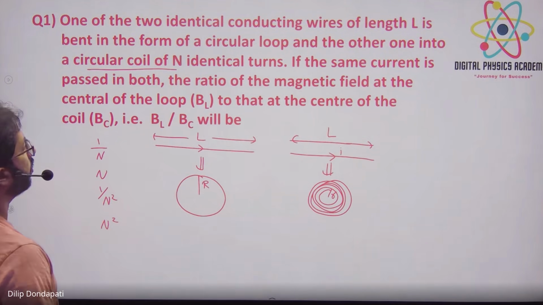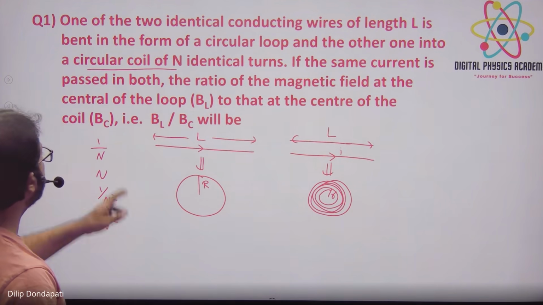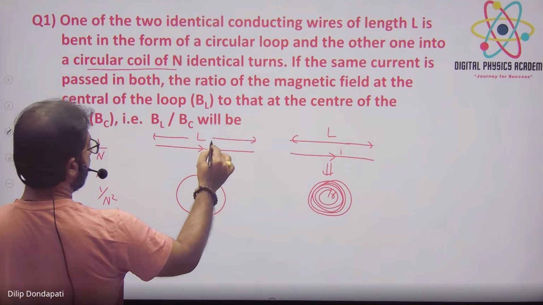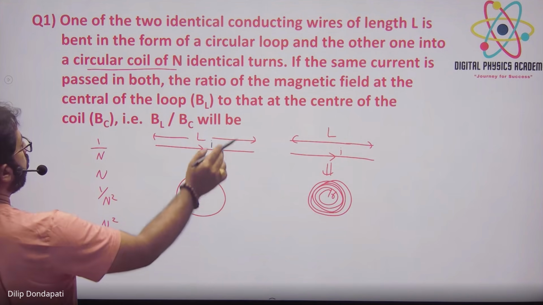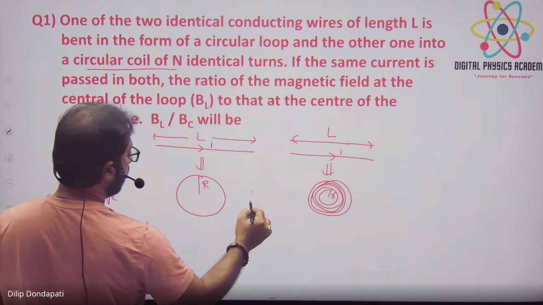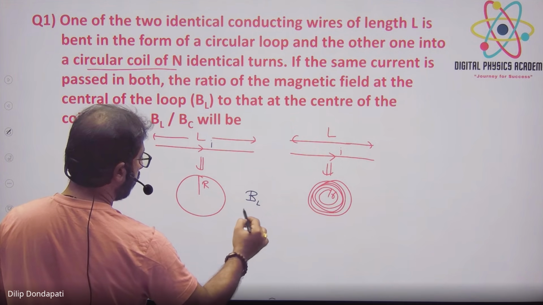If the same current I is passed in both, the ratio of the magnetic field at the center of the loop to that at the center of the coil is how much? He is asking the magnetic field at the center of the loop to the center of the coil.